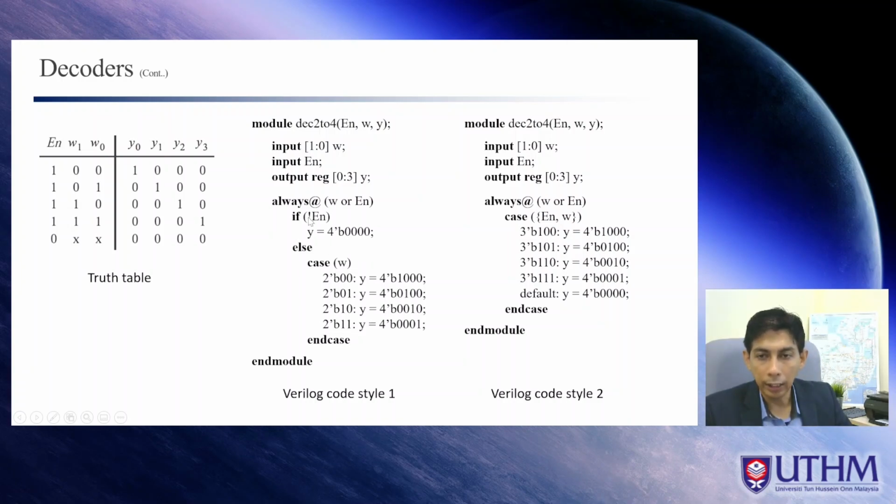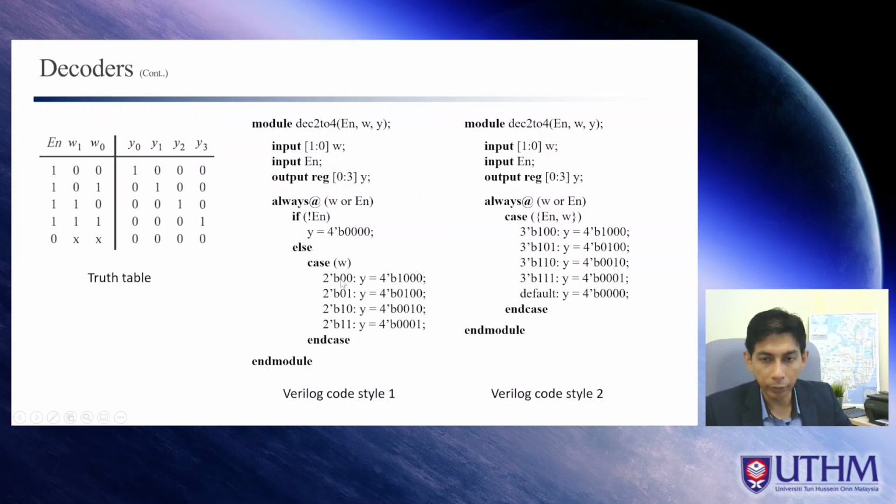And if En is not equal to 0, or else here, meaning En equal to 1, we will look at W, and for W we have 4 conditions. The best way to handle 4 conditions is to use a case statement. So this is how we use the case statement.